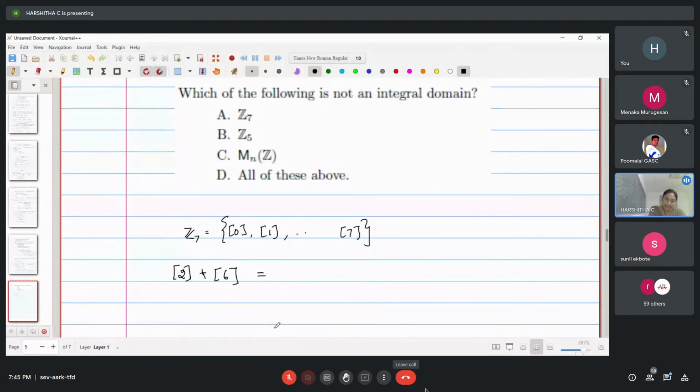You add the numbers inside. 2 plus 6 is 8. And then you look at the remainder that number leaves when you divide by 7. So 8 leaves a remainder 1 when you divide it by 7. So this becomes 1. I hope this is clear. It was discussed in class also.